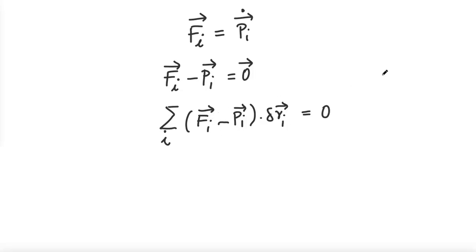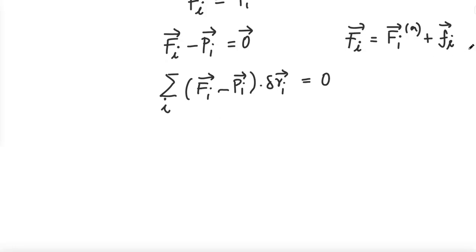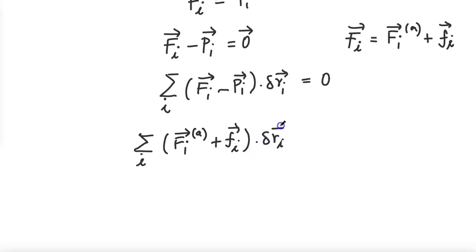Now the force F_i bar here can again be decomposed into two parts: the applied force, that is F_i bar A, and the force due to constraint, let it be small f_i bar. So now again I am going to write the summation over i of F_i bar, which can be written as F_i bar A, the applied force, plus small f_i bar, dot del r_i bar, minus summation over i of P_i bar dot dot del r_i bar, is equal to 0.